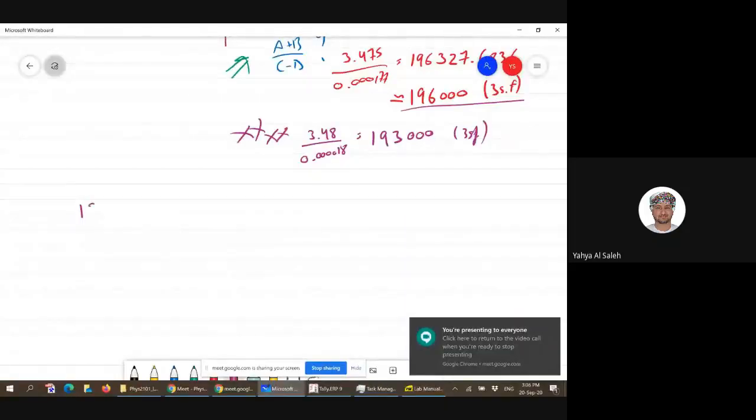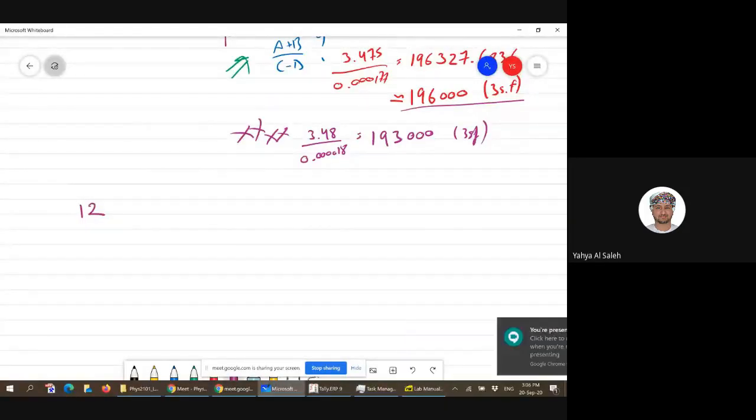If I simply write 12 like this, okay, I do not assume this is an exact 12. I assume it is anywhere between 11.5 to 12.4.